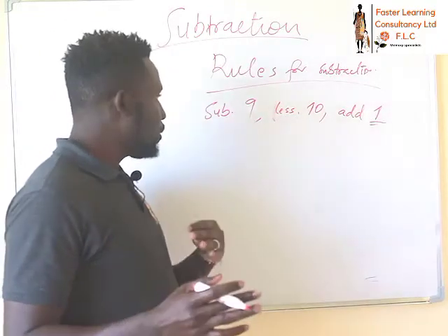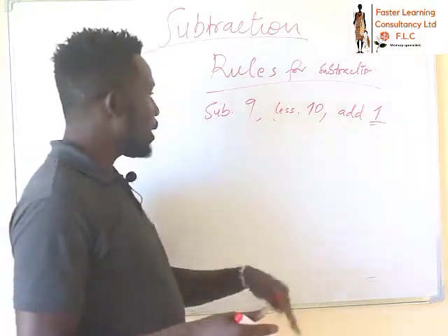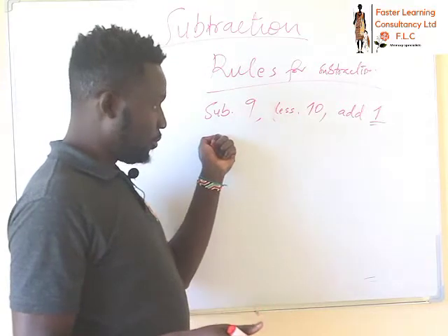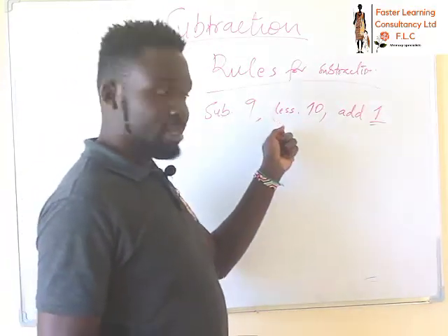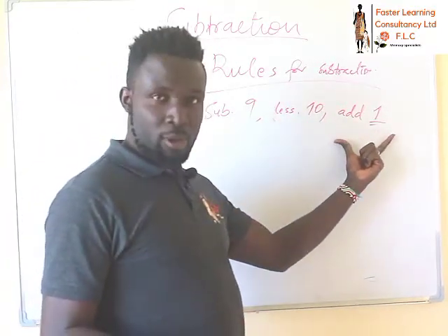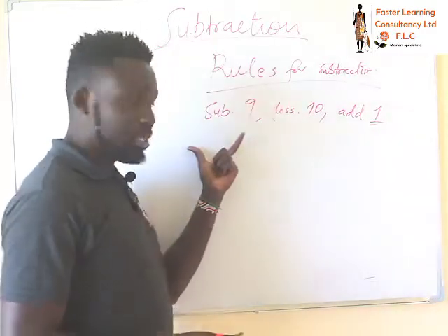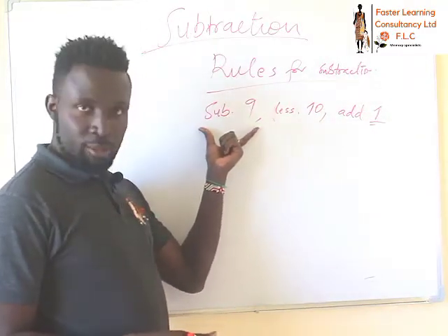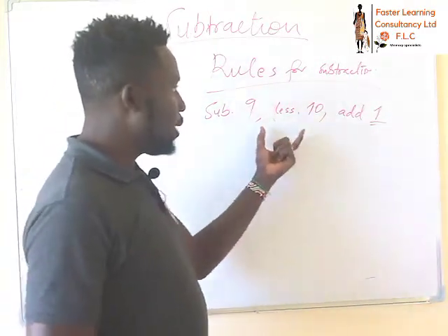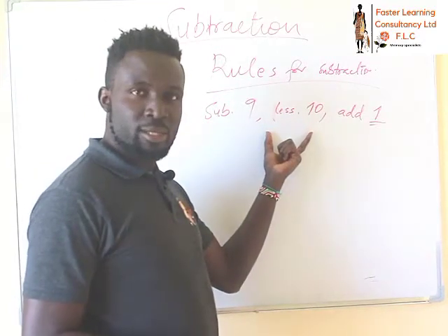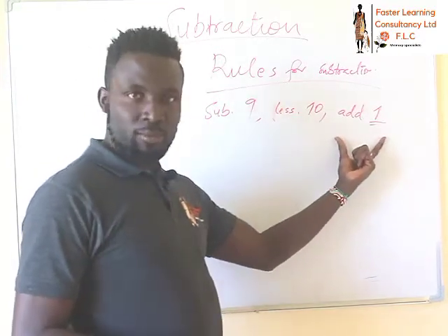If you remember, when we were talking about addition, if you want to add 9, instead add 10 and then subtract 1. When we are subtracting, if you want to subtract 9, you subtract 10 instead, but then add 1.